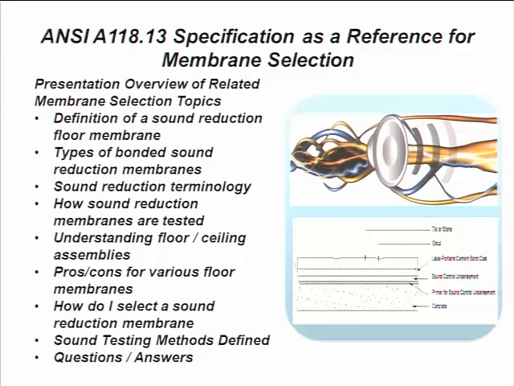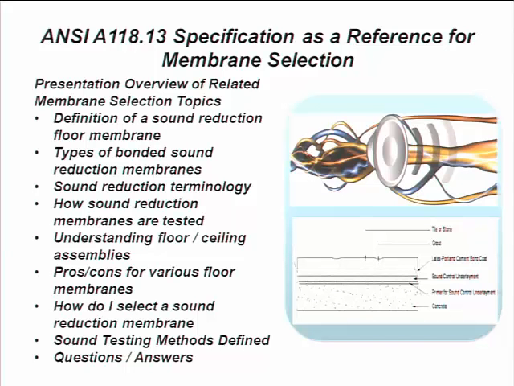There are other membranes out there, but this particular specification is only developed for those that are direct bonded for thin set tile installations over the top of these membranes. We'll talk about how the membranes are tested to give you an idea as to what the test is, whether it's sound or whether it's tensile pull, the particular attributes that are required and detailed within this specification.